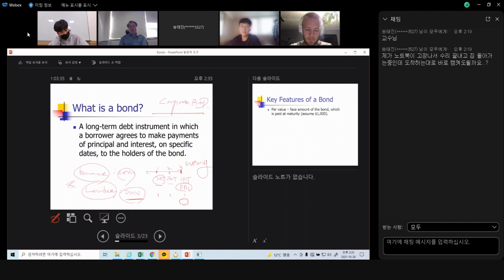But for some bonds, the corporate bond, some companies provide the interest, not dividend, twice a year, or 4 times a year, every quarter. Generally the corporate bond in the US provides coupons 2 times a year. Here in Korea, 4 times. So for example, if the coupon rate is 4%, then we will receive 1% every quarter.